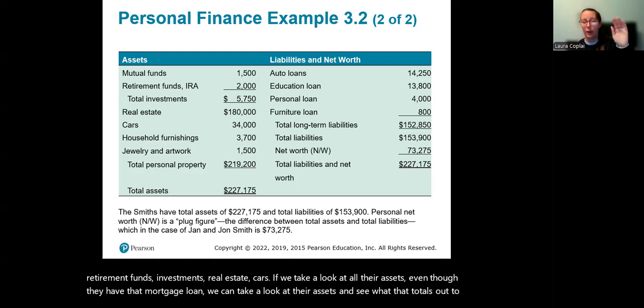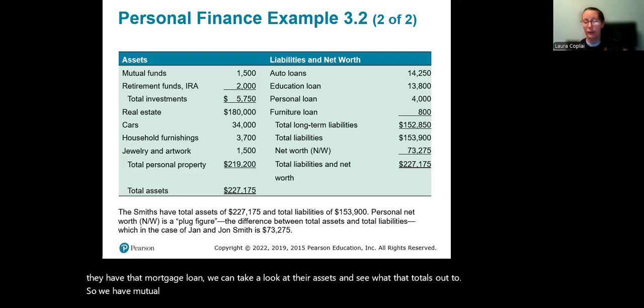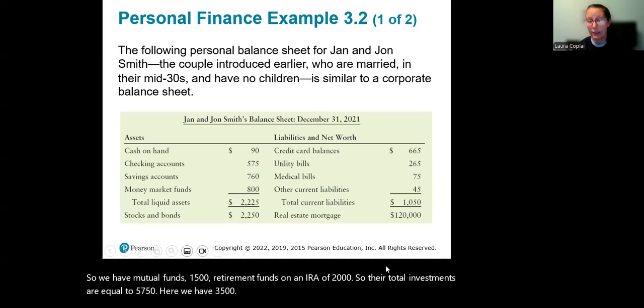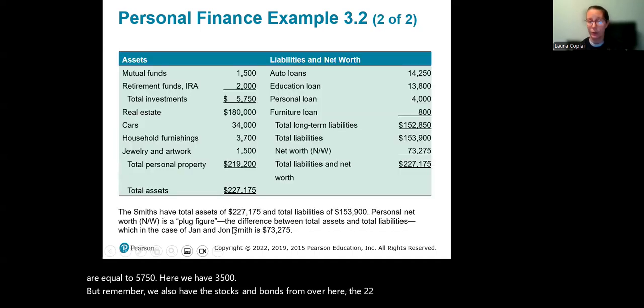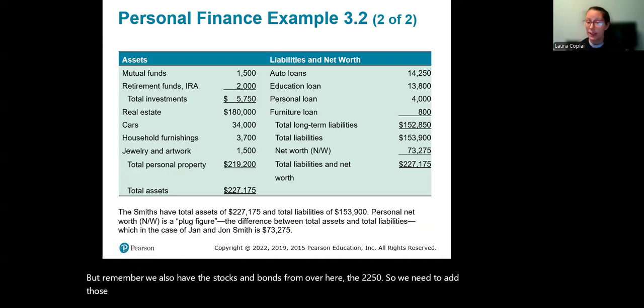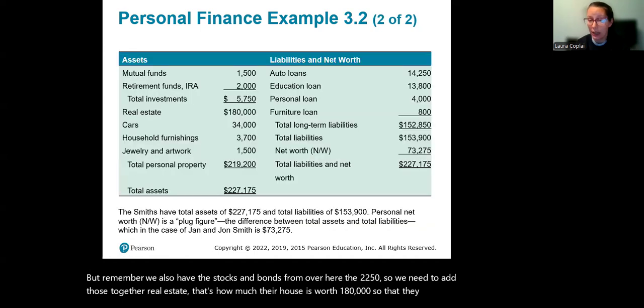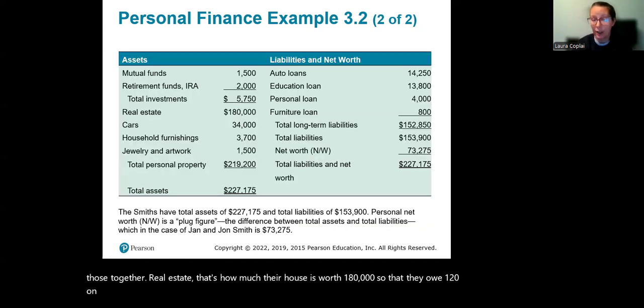So we have mutual funds, 1,500, retirement funds on an IRA of 2,000. So their total investments are equal to 5,750. Here we have 3,500, but remember we also have the stocks and bonds from over here, the 2,250. So we need to add those together. Real estate, that's how much their house is worth, 180,000. So you know that they owe 120 on it, but it's worth 180,000. They have 34,000 worth of cars if they wanted to sell it.